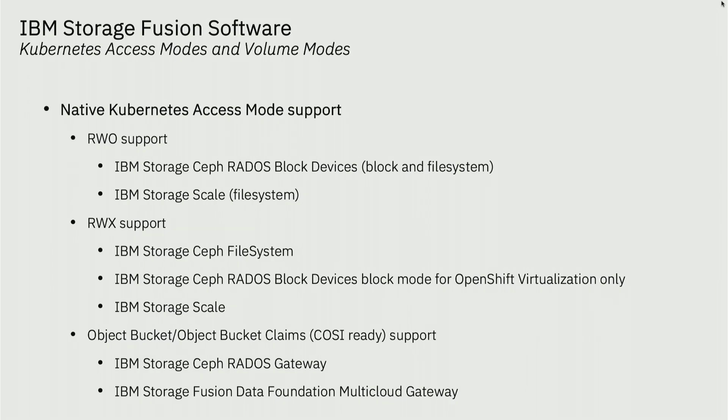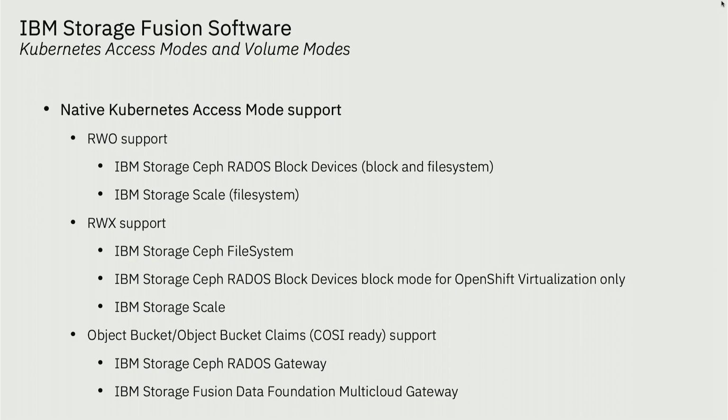With RWO, we do support block mode and file system mode. Block mode is very important for OpenShift virtualization because we gain better performance by not putting a dummy file system between the VM and the actual storage. That's what we do with OpenShift Data Foundation. It's the same with Fusion Data Foundation.